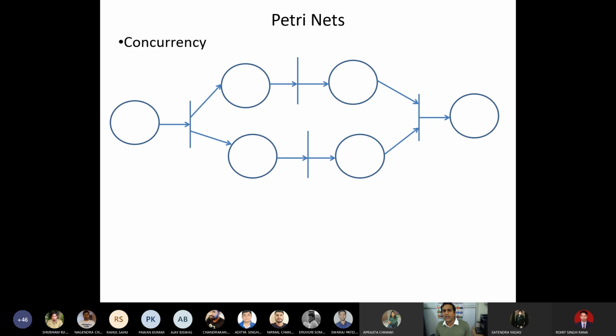Now you see how you can model concurrency. Let's say, as I said, if there is a token in the input place of the first transition, then unless there is a token it cannot fire.